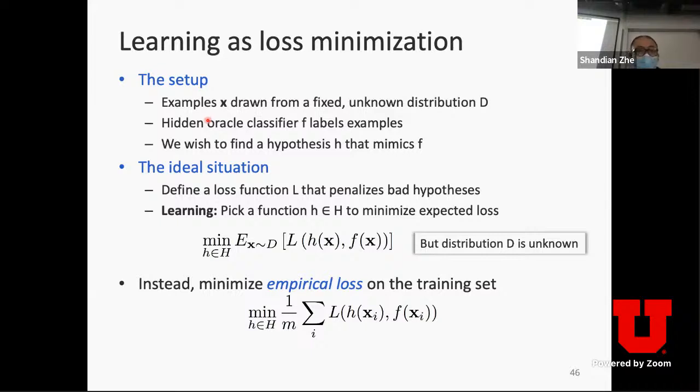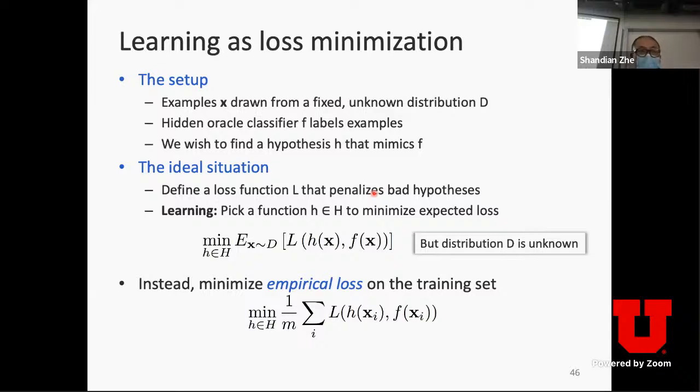And we assume there is some hidden oracle classifier, the ground truth or concept, F, which gives the exact labels. We wish to find a hypothesis H that is as close to F as possible. So the ideal situation is that we define a loss function, L, that can penalize the bad hypothesis in a hypothesis space so that we can find the best hypothesis.